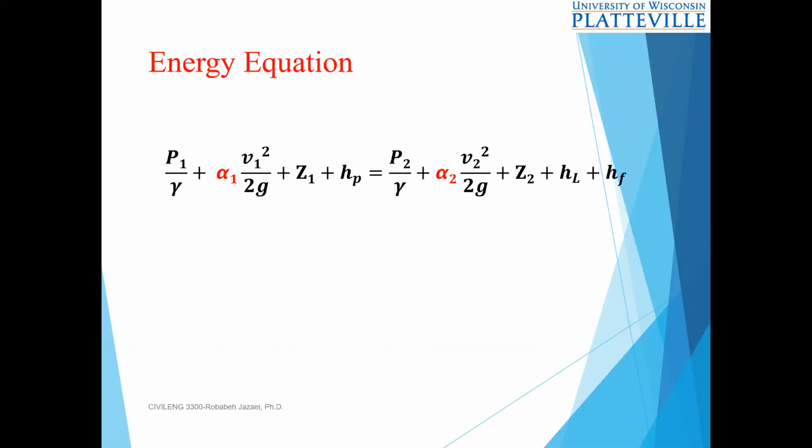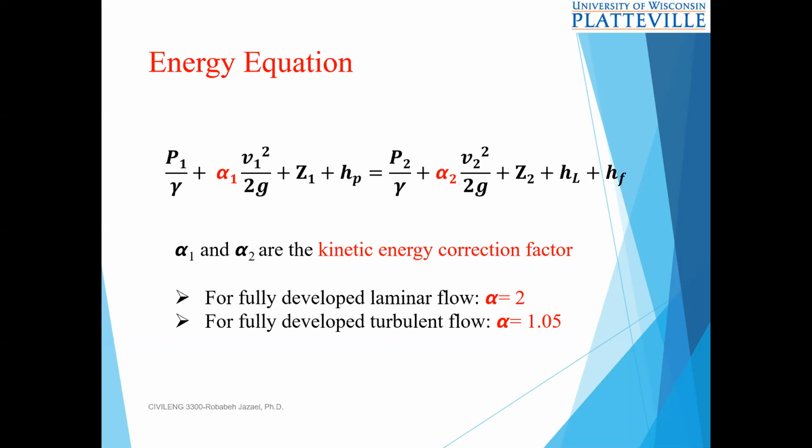So you can see two new terms here, alpha 1 and alpha 2. This is something we're going to introduce today. We call them kinetic energy correction factors. If we have fully developed laminar flow, this correction factor is 2, whereas if it's turbulent flow, the correction factor is 1.05.